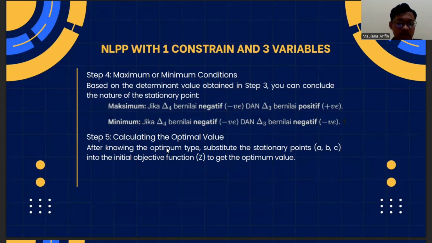And next is calculating the optimal value. After knowing the optimum point, substitute the stationary points A, B, and C into the initial objective function to get the optimum value.